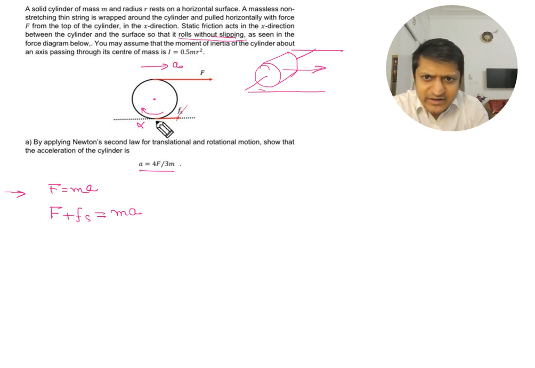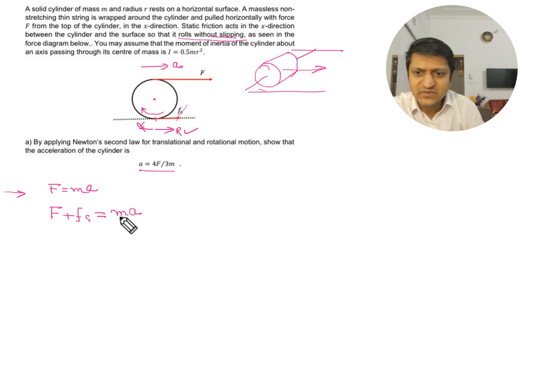First of all, you understand that this point will be moving towards left, so frictional force will be on the right side, and the force we have already applied is on the right side. So frictional force and the F both are in the right direction, so we have added them up and it is equal to ma.